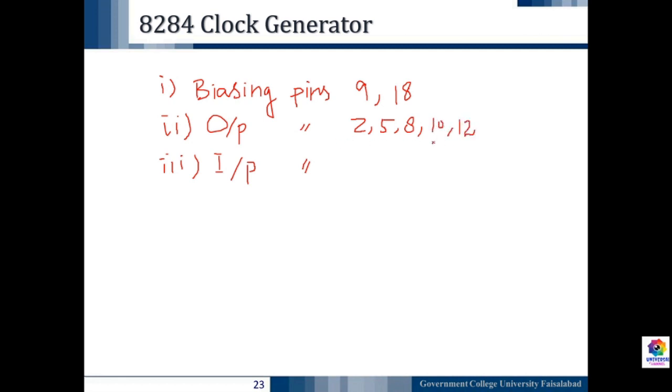So 5 output pins are there, while the 2 biasing pins make it 7, and the remaining 11 are input pins, we will study them one by one. Firstly we will study the input pins, then the output pins, and the biasing pins we have already studied.